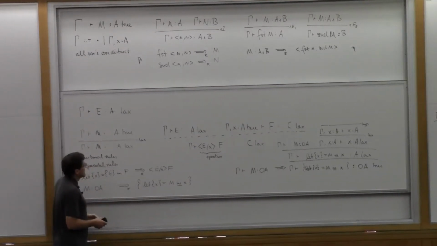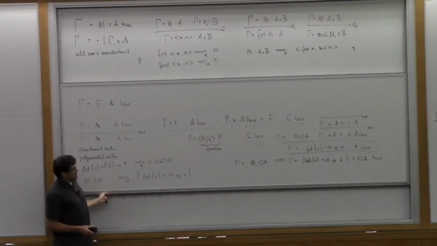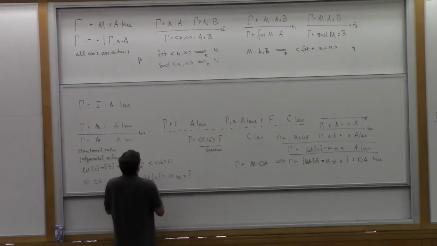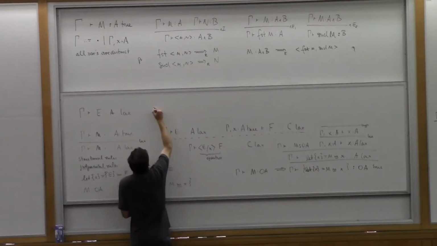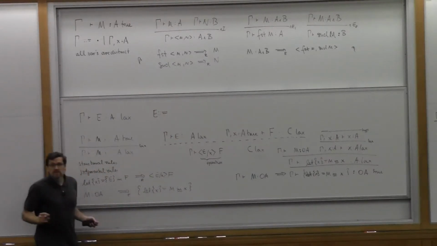So let's try to do that here. What are the possibilities for the expressions E? Let's write that out. So in a computation E, what are the possibilities for it?